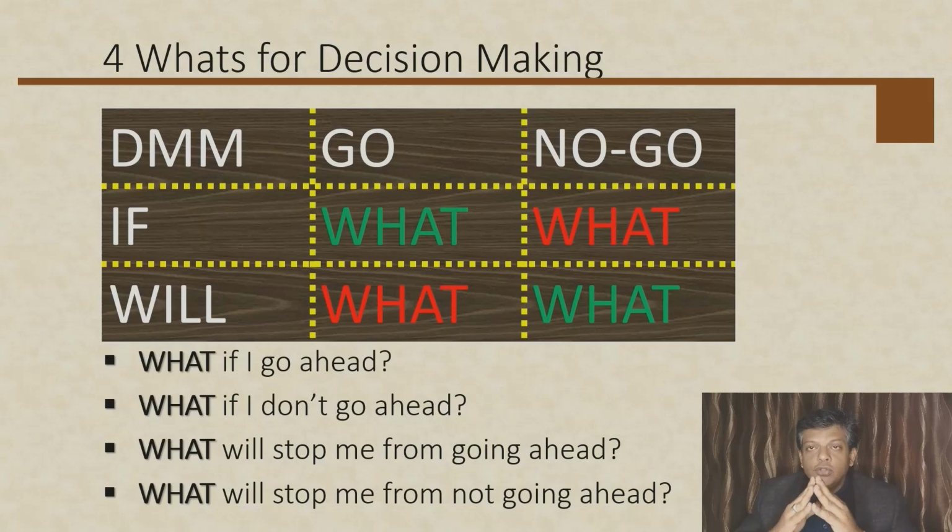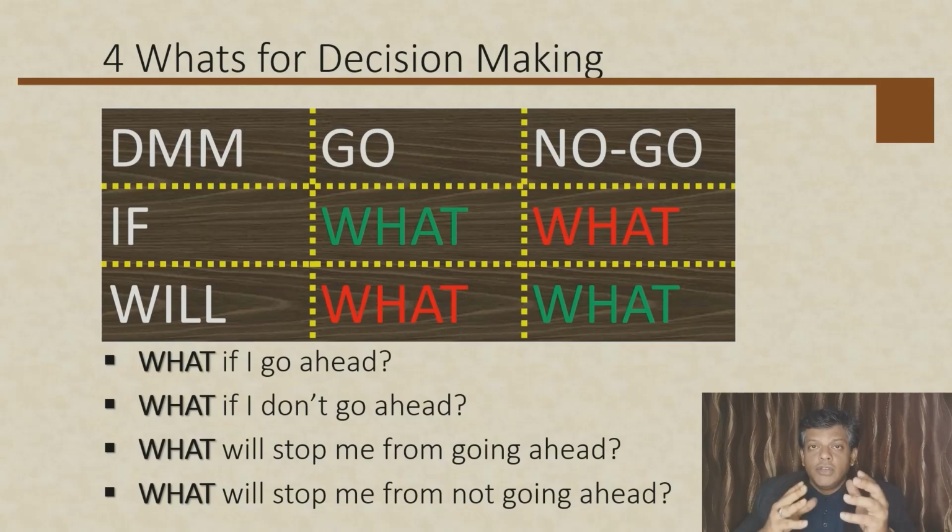You first need to have all the available options in front of you. It could be a problem for which you have multiple solutions, or it could be a generic or simple business decision where there are different pathways or forward paths involved. So once you have all those options in front of you, you have to pick up each option and think, what if I go ahead with option A?